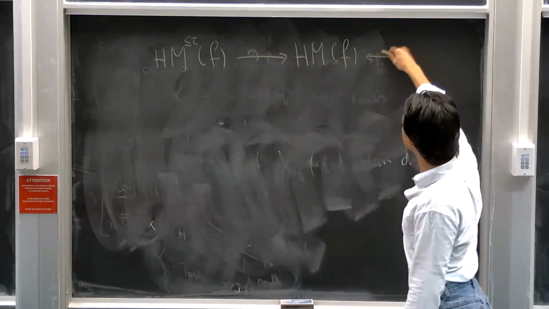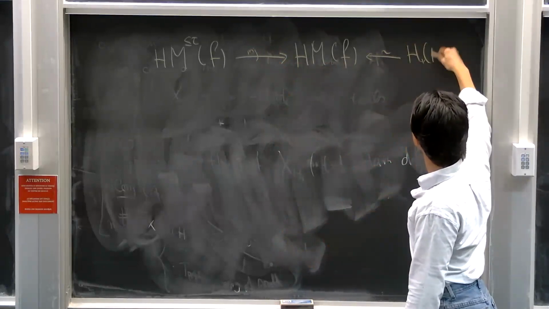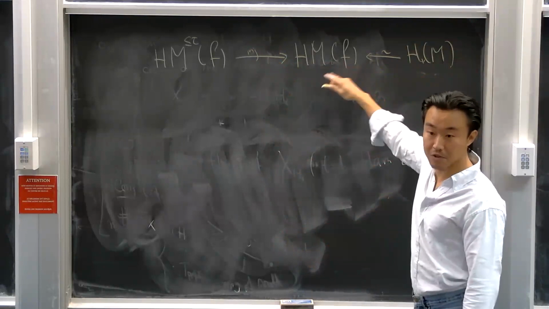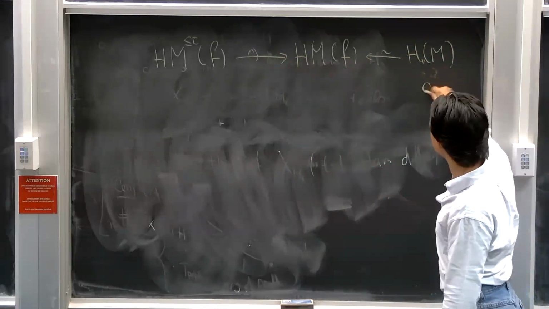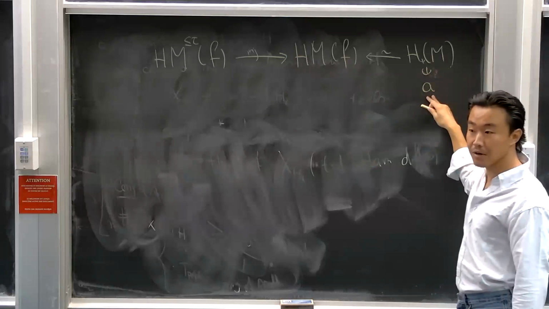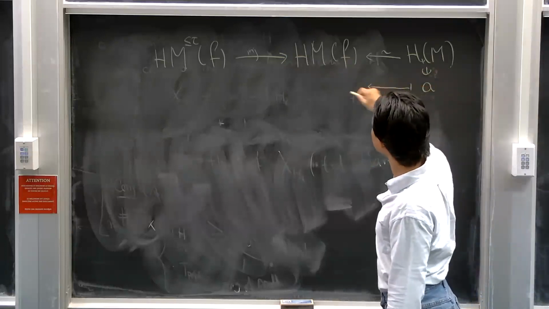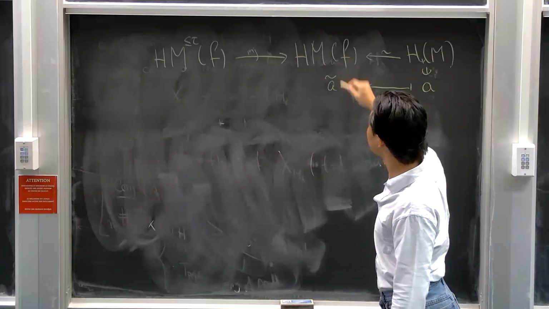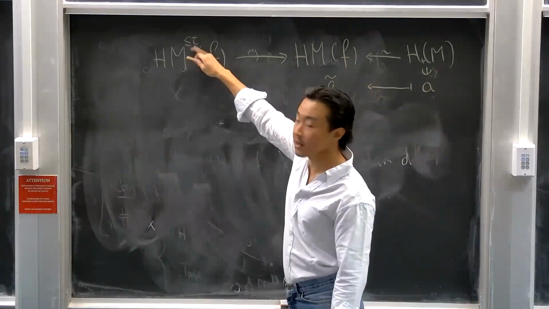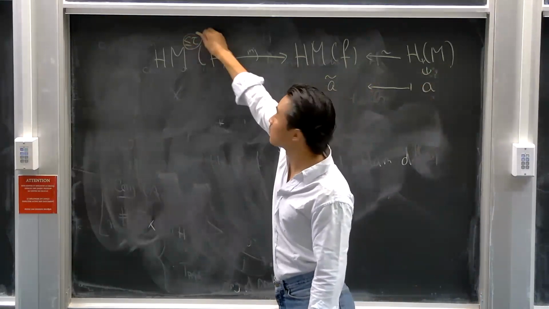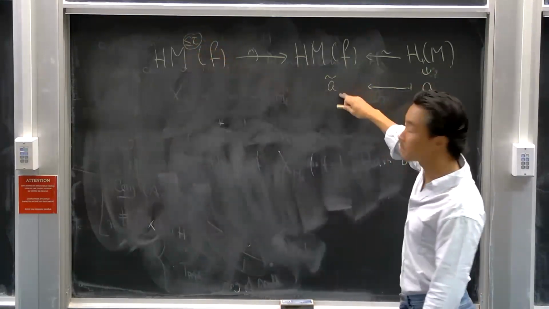And here you have an isomorphism between Morse homology and singular homology. I'm given a class here, and I map it here. And then I'm asking at which level do you start seeing this class, okay?